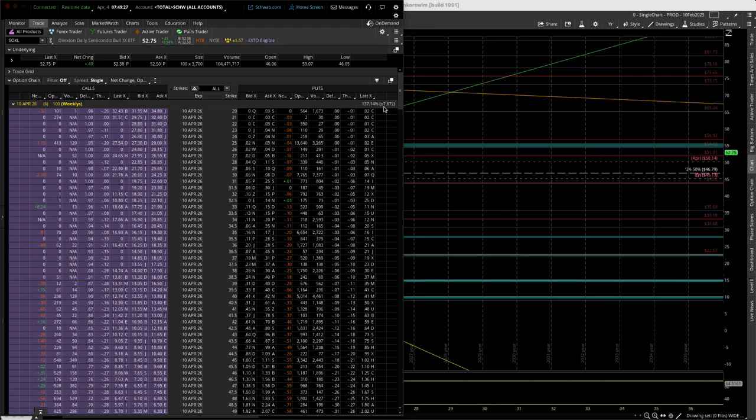It's plus or minus 7.672. That is the market maker's expected move. They expect plus or minus $7.67 worth of movement from the close price on Friday of 52.75. Right, so $7.67 plus or minus. This will show what the range is here in a second.